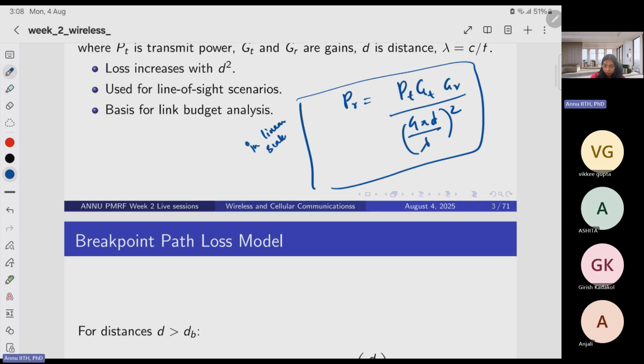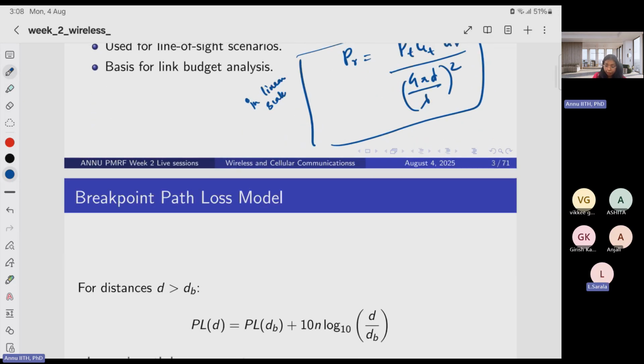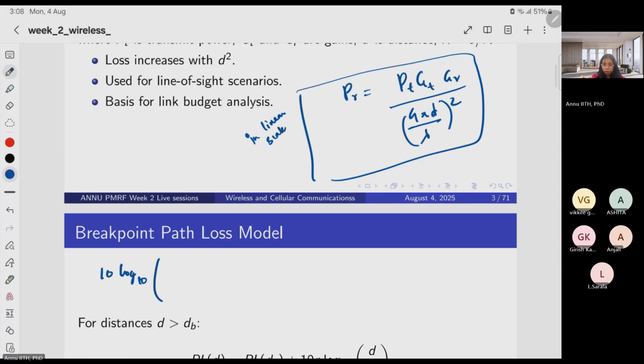Whenever you are converting into log, what do you apply? You apply 10 log 10 because power is already a square.